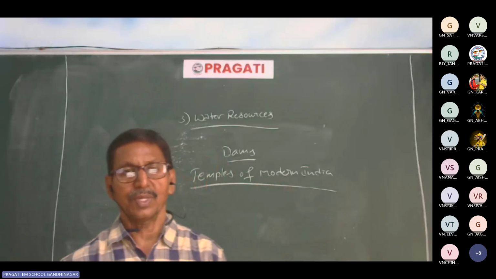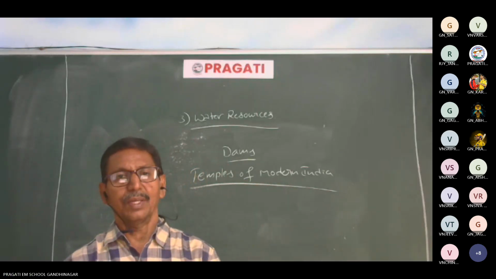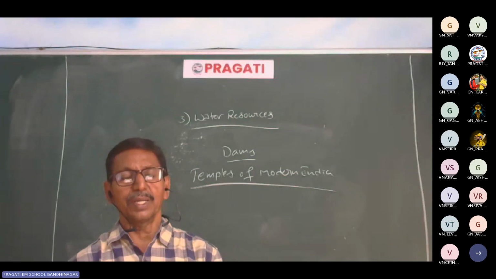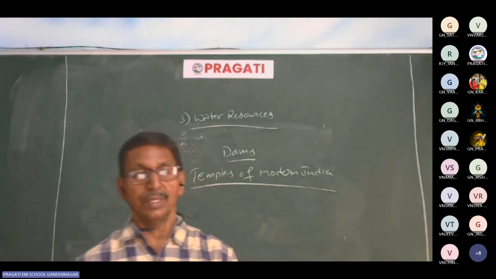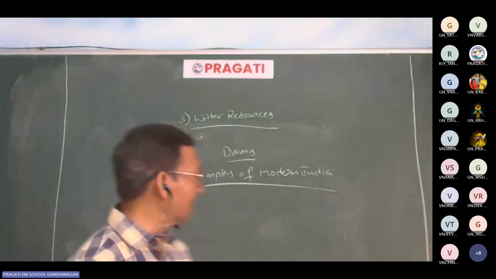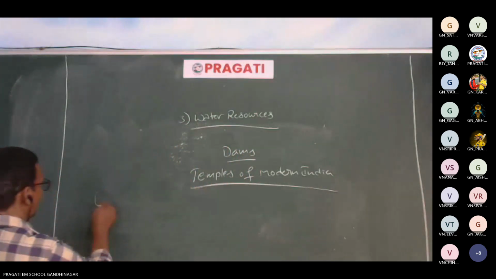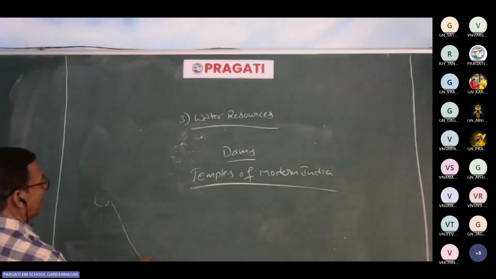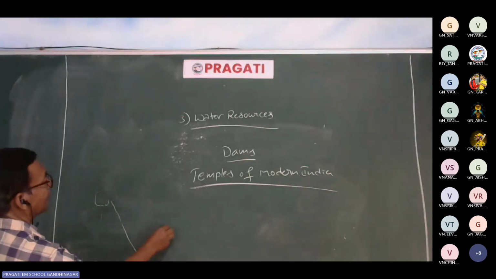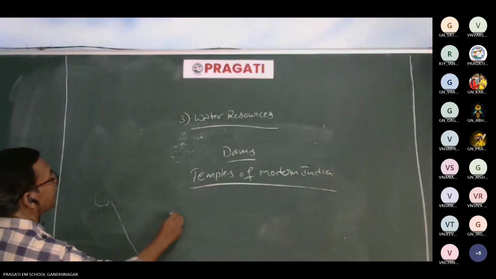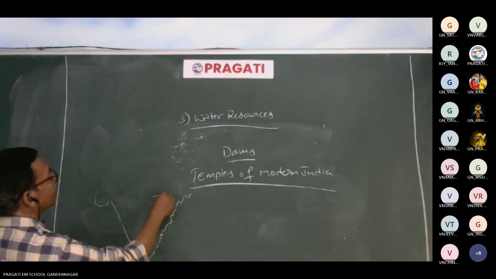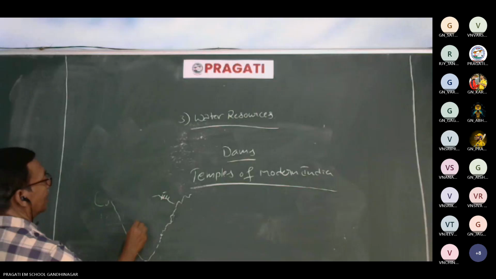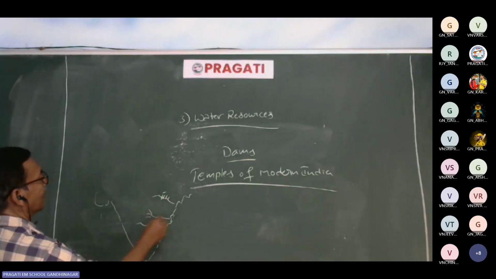Multipurpose projects were built across India after we got independence. For example, Bhakra Nangal, the largest dam in India. The Hirakud project, the longest dam in Orissa, you can find across the Mahanadi River. Hirakud project, as well as Nagarjuna Sagar, across the River Godavari.